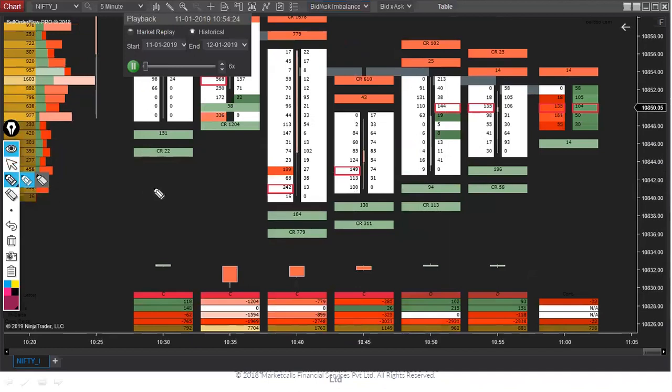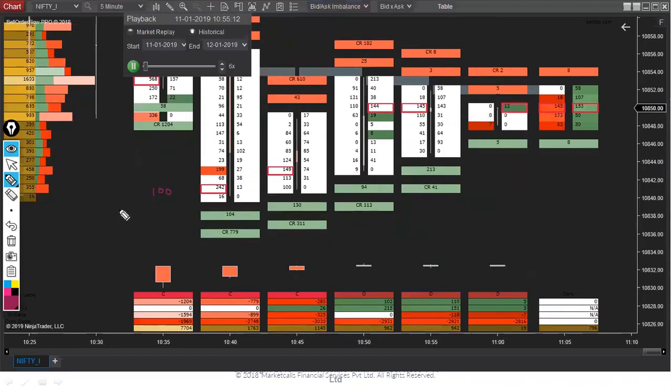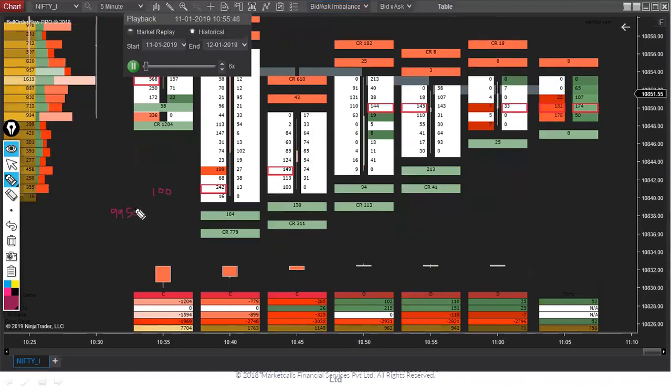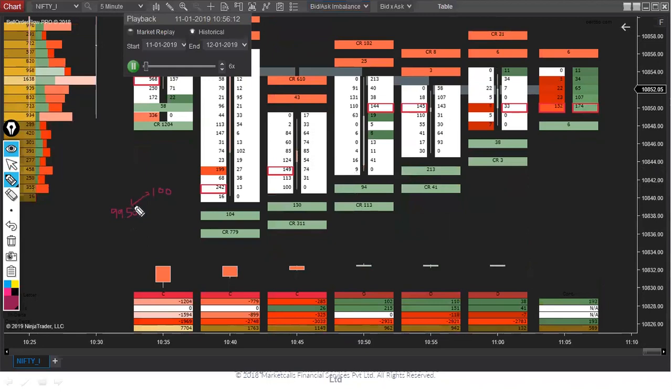Let's say if the sellers are at 100, then the buyers will be at 99.5 at any given level. So we have to compare diagonally, because the bid and ask prices will never be at the same price levels.